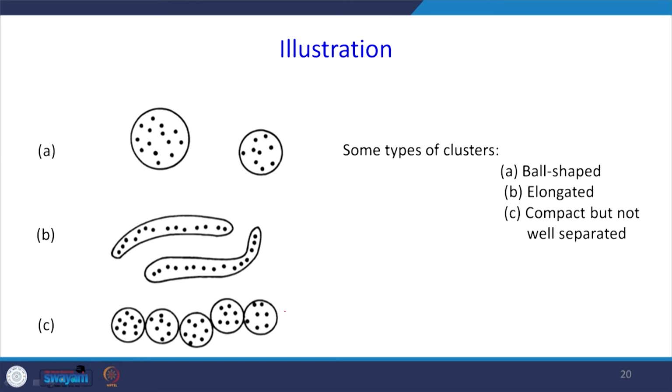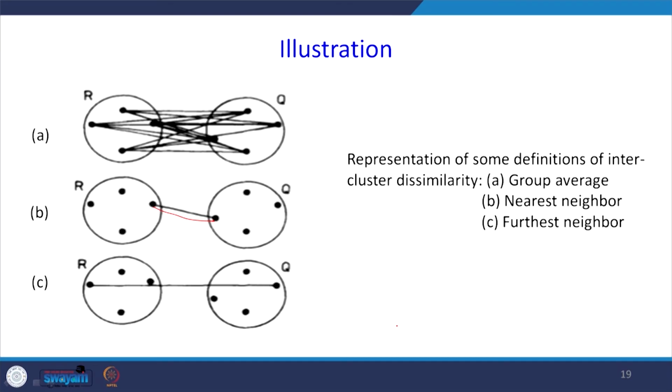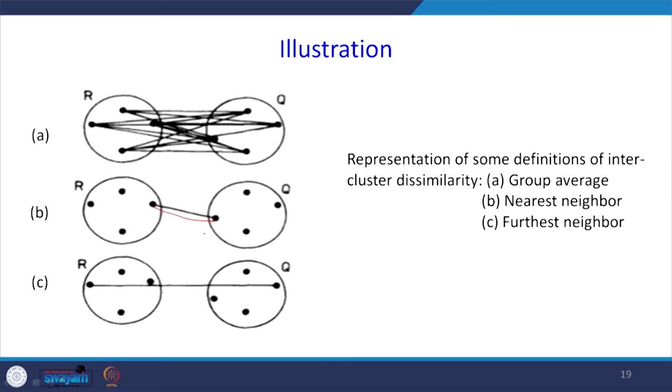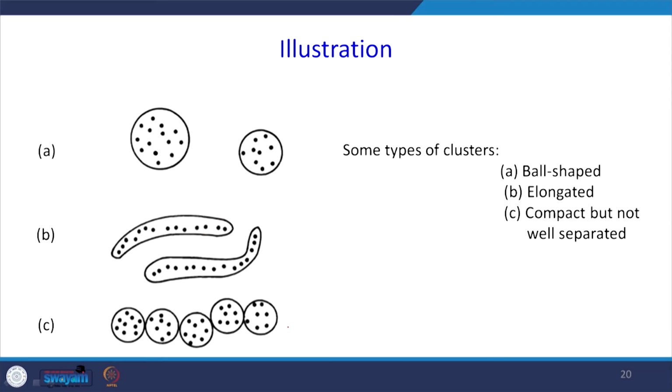So, this picture shows some types of clusters. The first cluster is ball shaped, the second one is elongated, the last one is compact but not well separated. If you follow the group average, the final cluster may be this shape, the ball shaped one. If you follow the nearest neighbor distance measure, the final cluster may look like this one, that is elongated.